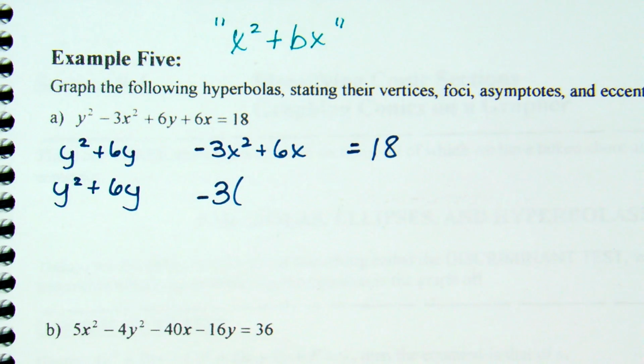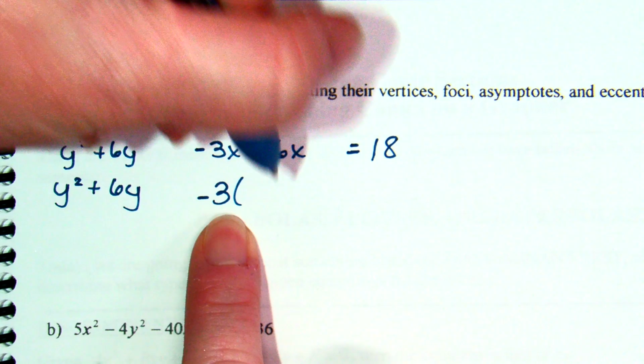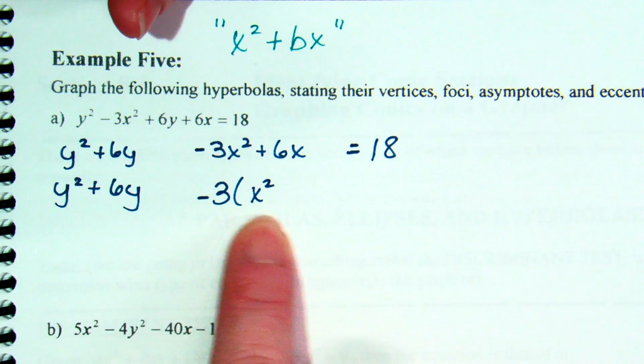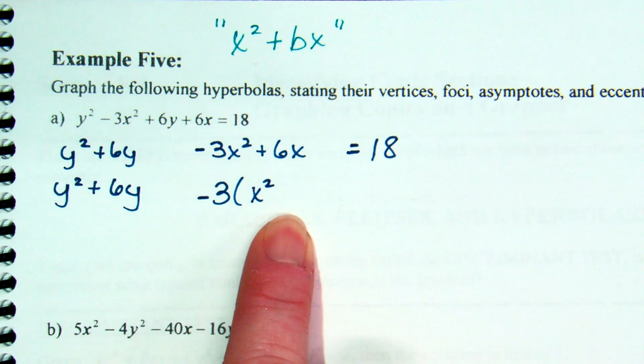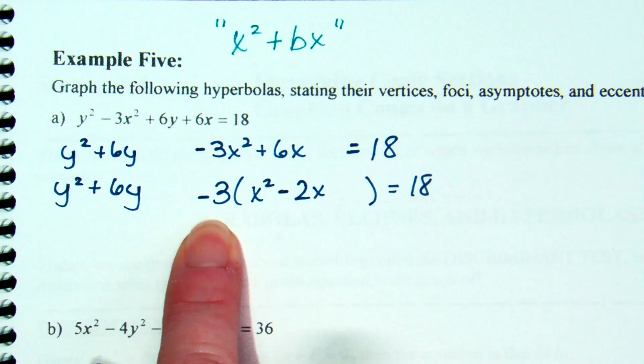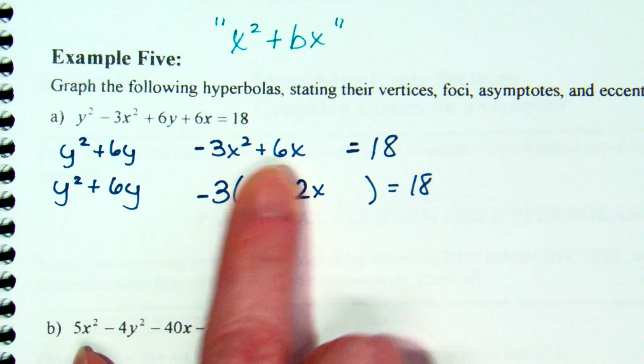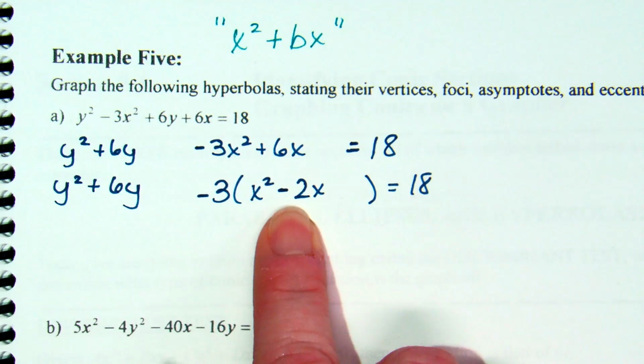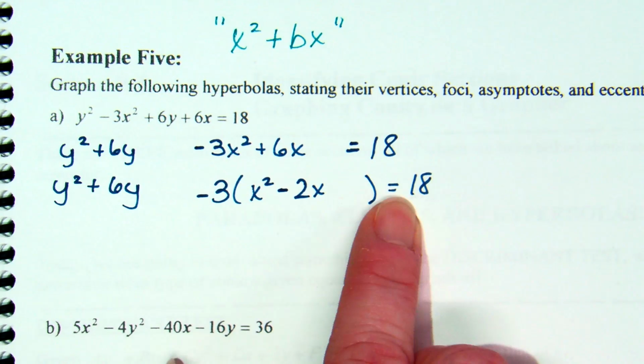So, when we factor out negative 3, I'm going to be left with x squared minus 2x, because we are dividing by negative 3. Positive 6 divided by negative 3 makes it negative 2x. So that middle sign is going to change in the second setup. I left a gap, ended my parentheses, and set it equal to 18.